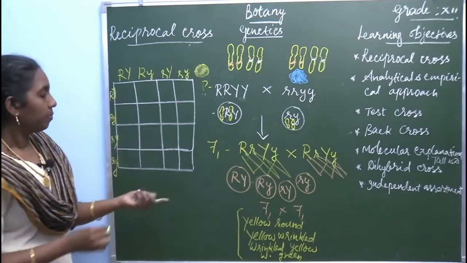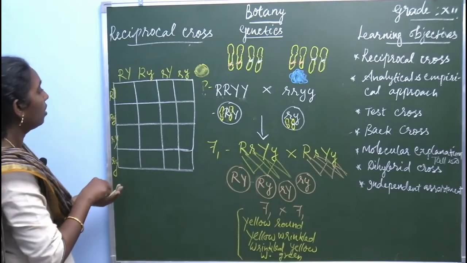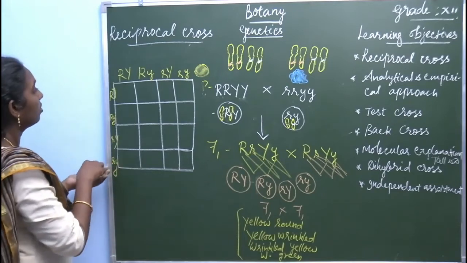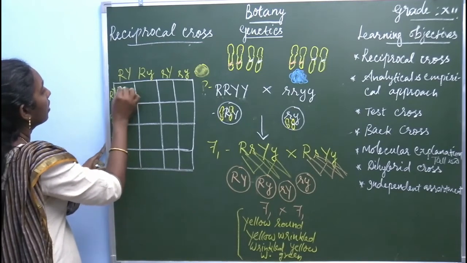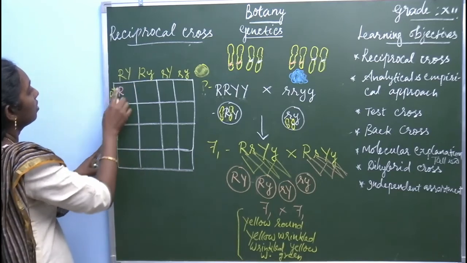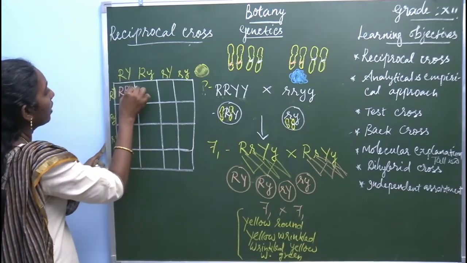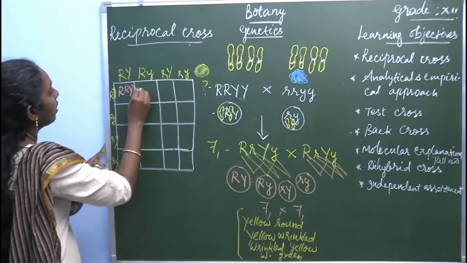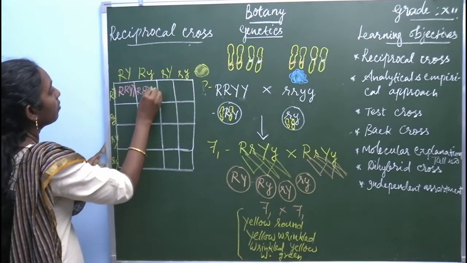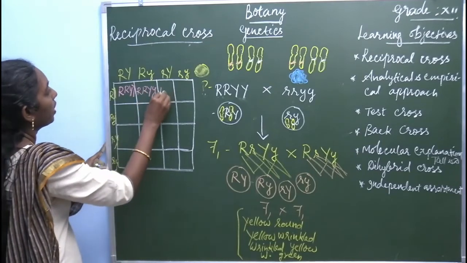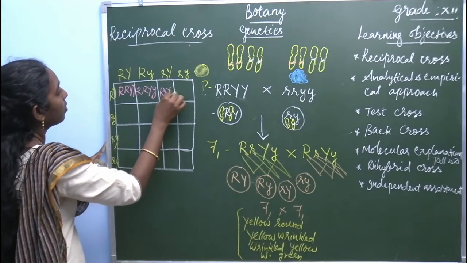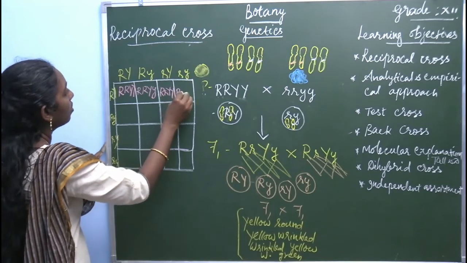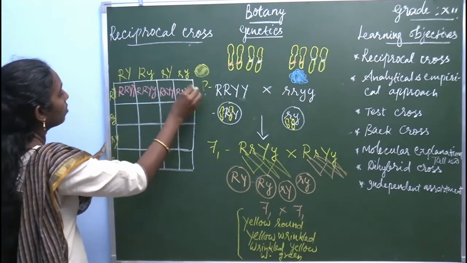Now, fill this. Here capital R, capital R, capital Y, capital Y. Here capital R, capital R, capital Y, small y, capital R, small r, capital Y, capital Y, capital R, small r, capital Y, small y.